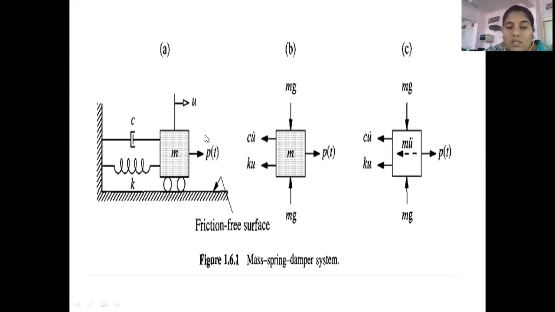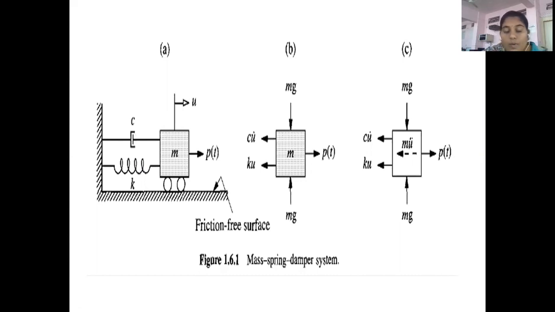Okay, so that is the basic concept, but you should understand here, because of this mass there will be some displacement, and that displacement is U. Okay, and because of this mass displacement U, a restoring force will be produced in the spring only, that restoring force is K into U. तर या ठिकाणी restoring force हा काय असणार आहे, that is the K into U. If we go towards the damping force, the damping force generally changes with respect to the velocity.